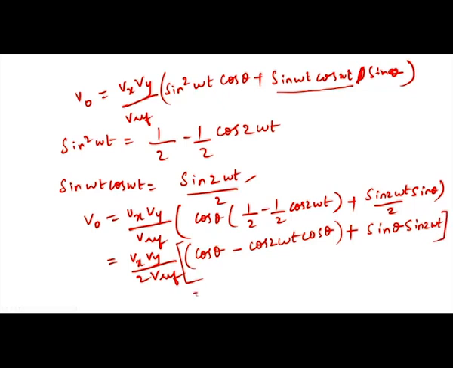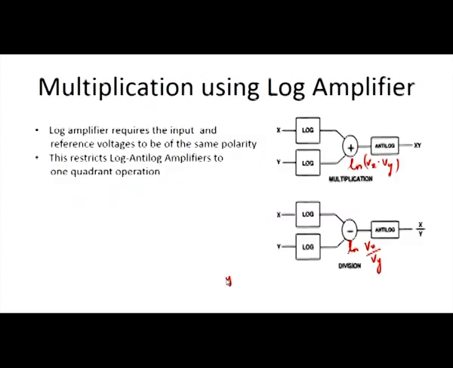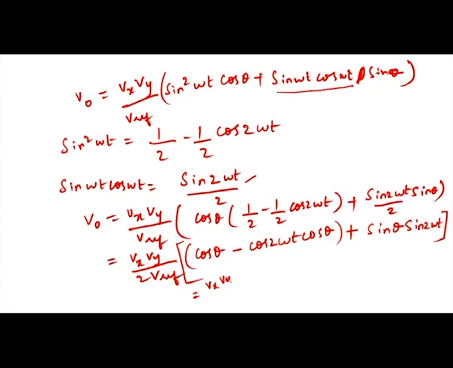If you multiply this Vx Vy by 2 V reference inside, you will have this term cos theta, and the remaining terms as Vx Vy by 2 V reference.